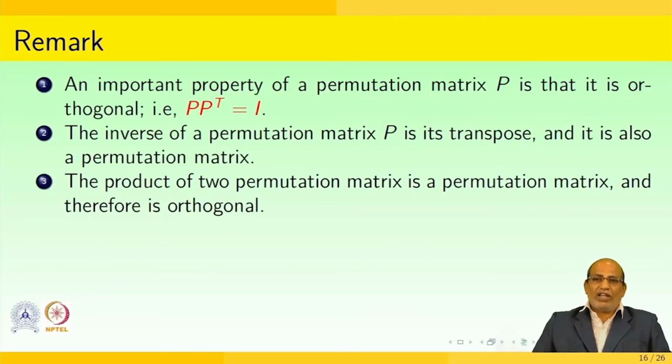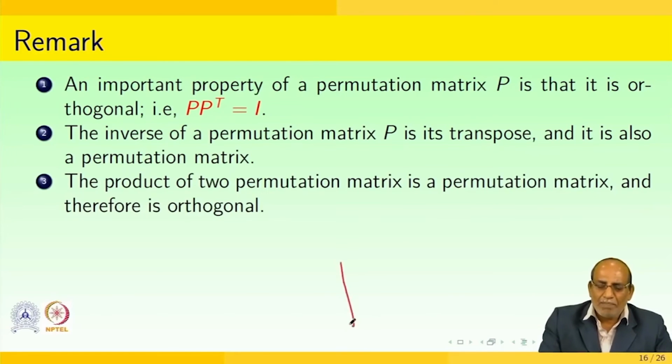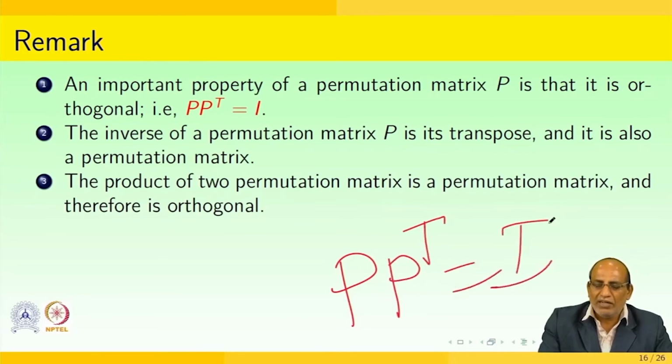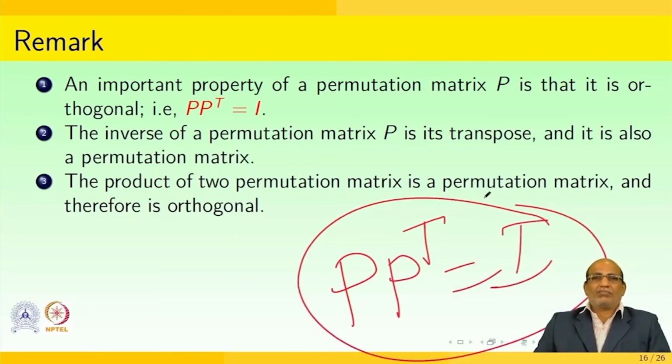Now let us go further with a few remarks. An important property of a permutation matrix P is that it is orthogonal. What is orthogonal? P times P transpose is an identity matrix. We will see the speciality of an orthogonal matrix in due course of time.